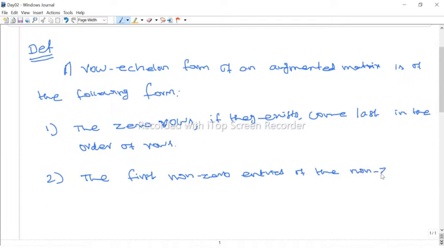So the first non-zero entry of your non-zero rows should be 1. If it is not equal to 1, then we have to make that first position 1. That non-zero entry is called the leading one. So it's called leading ones.